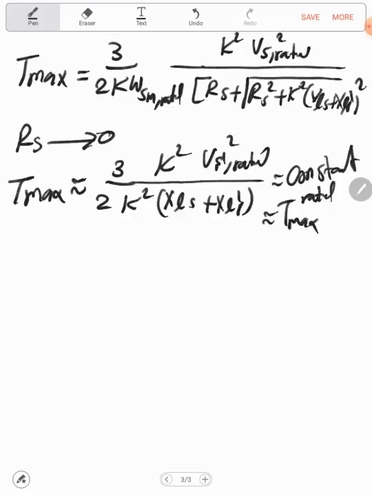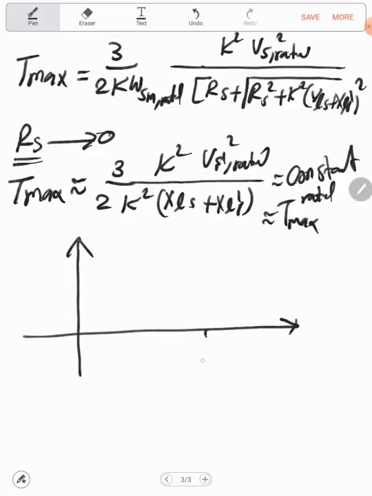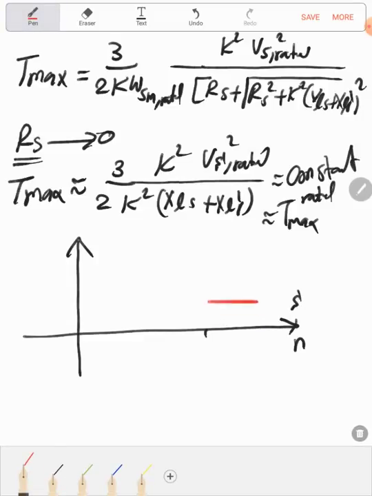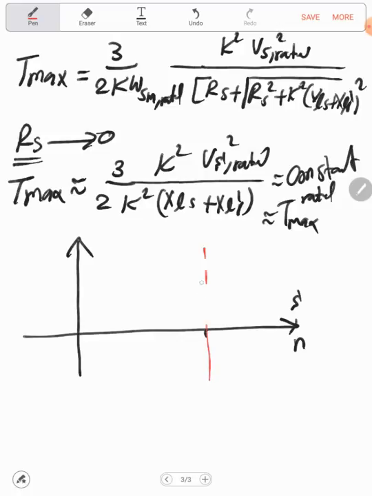So if I need to plot the torque speed characteristic in this case, under the assumption that Rs is small or negligible, then if this is the N, this is the N S, and this is the rated, let's say, torque speed characteristic.